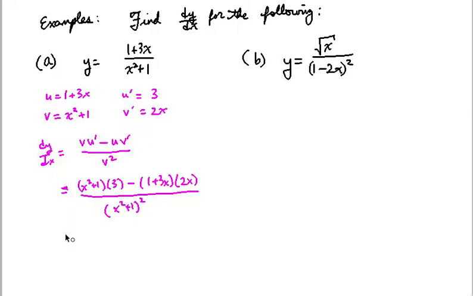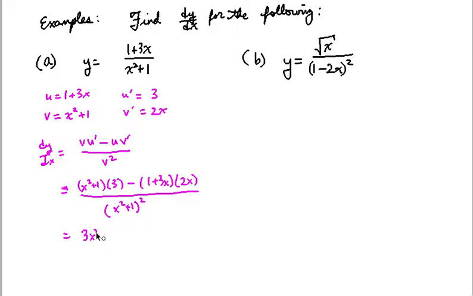All right, not very difficult once I isolate the two functions, whether it's what my u is and what my v is. And now it's just a matter of simplifying the top or the bottom. In this case, the top looks fairly simple, like I could simplify this and combine everything, so let's just go ahead and do that.